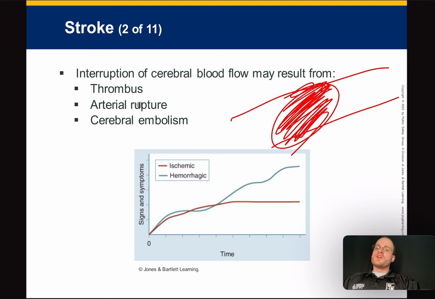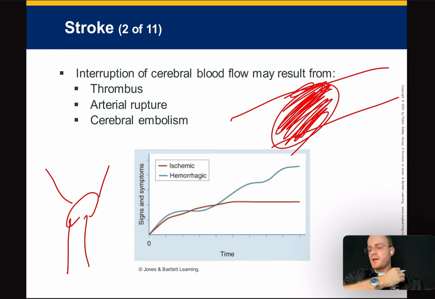The other way this can happen is arterial rupture. So if this is like the blood vessels in the brain, what happens is we can get ballooning, just like in the abdomen in an AAA, you can get ballooning of these vessels. And as these vessels balloon, the walls become weak, just like a water hose, right? If I were to balloon a water hose up, it could eventually rupture.